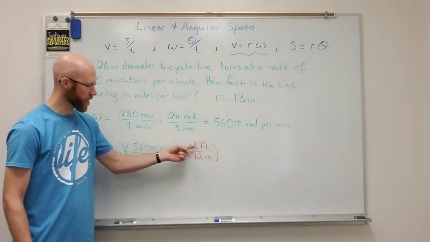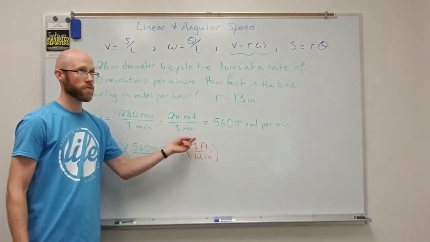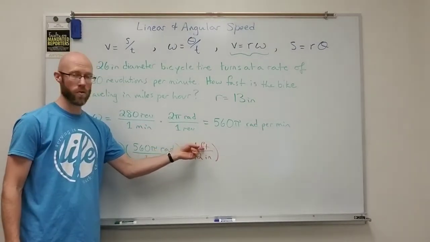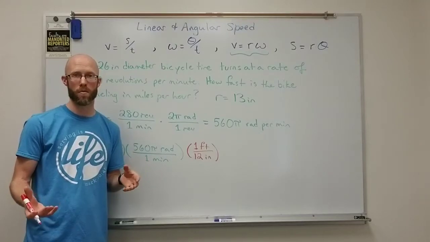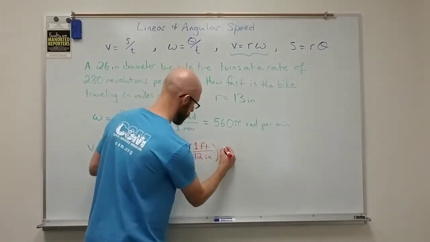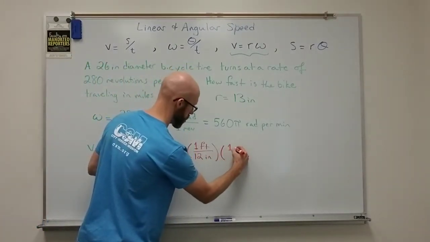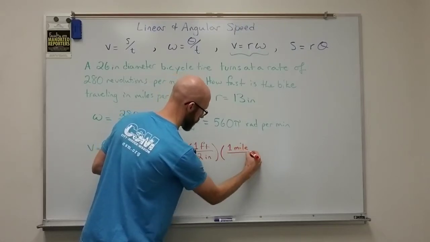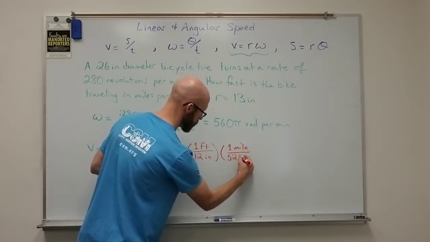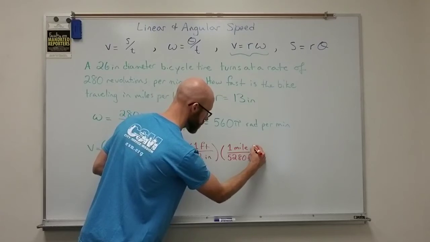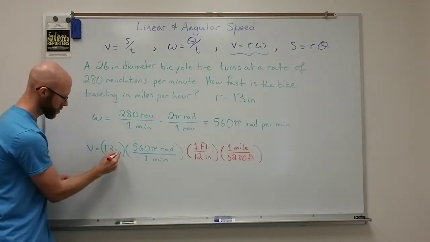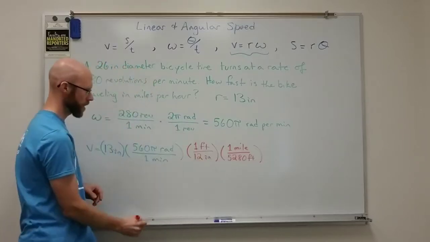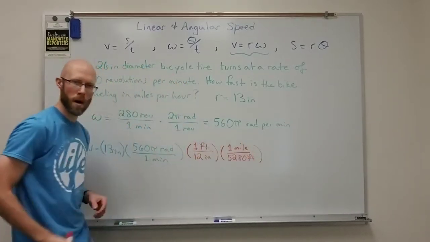And I also know that there are 5,280 feet per mile. Okay, that's a common conversion I want you guys to be familiar with. So we're going to have 1 mile in 5280 feet. Okay, so now we are able to cancel out the inches, cancel out the feet, and we're left with miles. That's good.